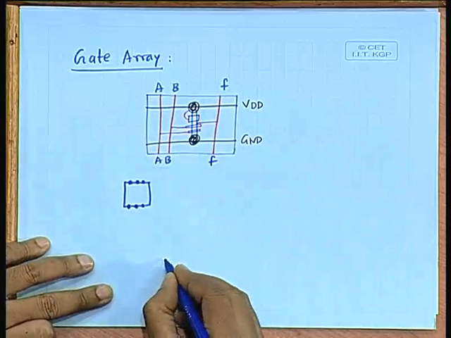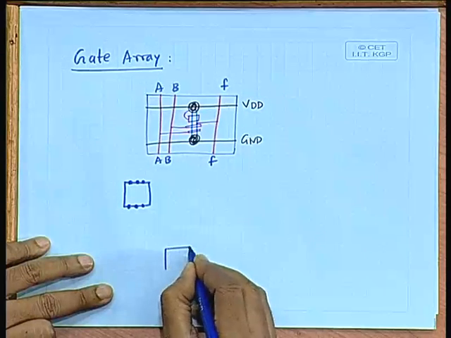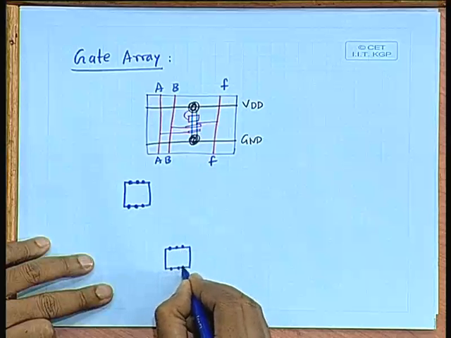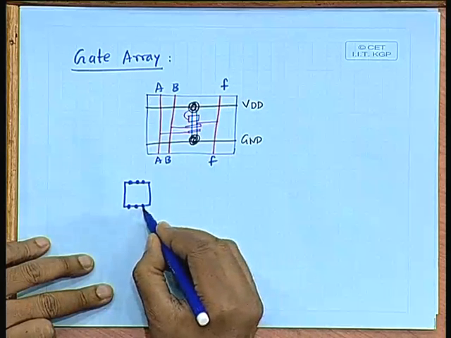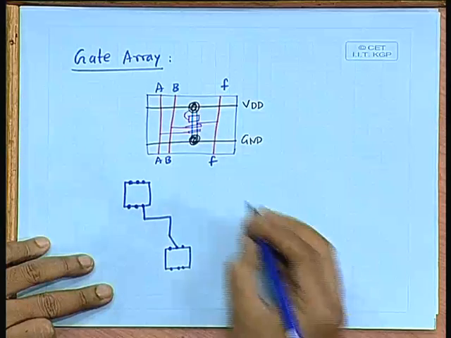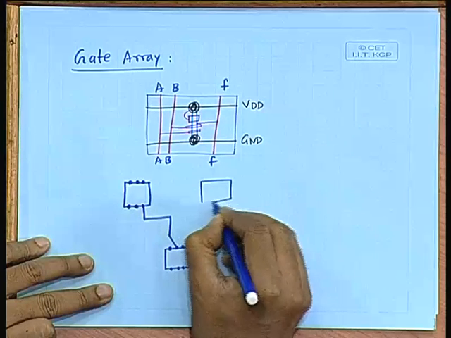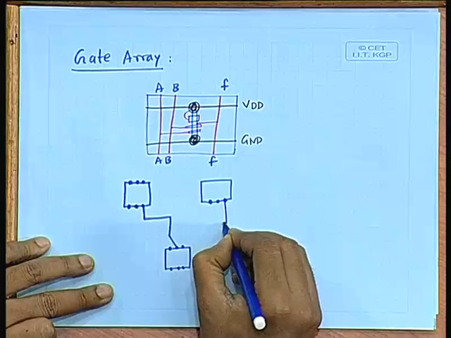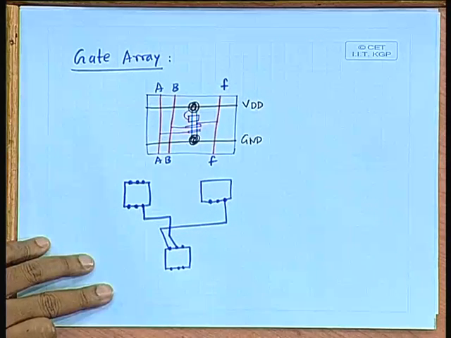If you have the requirement of connecting some pin here to some other pin of this, say the output of this you want to connect to the input here, maybe there is another gate similar to this. The output of that you want to connect to the input of this.